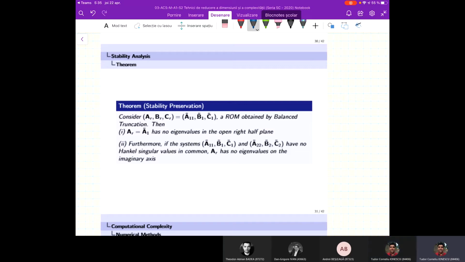Then A11 has no eigenvalues in the open right half plane, and the systems A11, B1, C1 and A22, B2, C2, so both the approximation and the truncated part, have no Hankel singular values in common, okay? And AR has no eigenvalues on the imaginary axis. So stability and the Hankel singular values of the original system are also preserved. And this is, again, crucial.